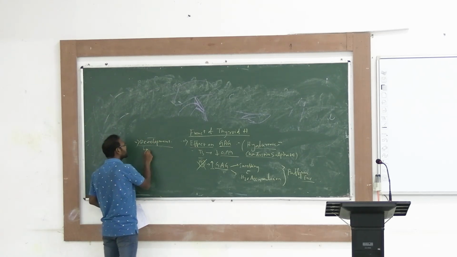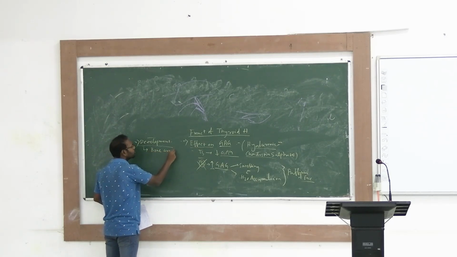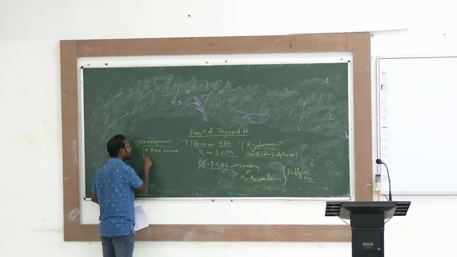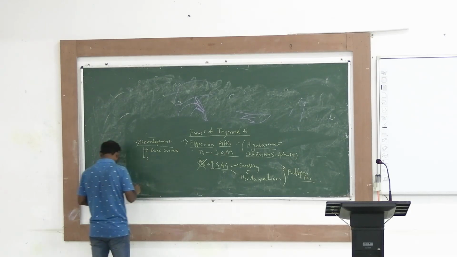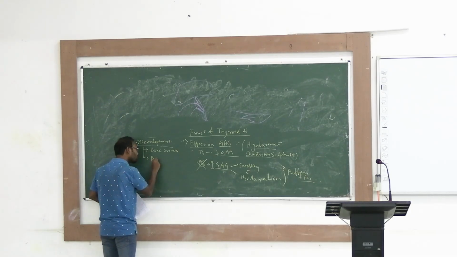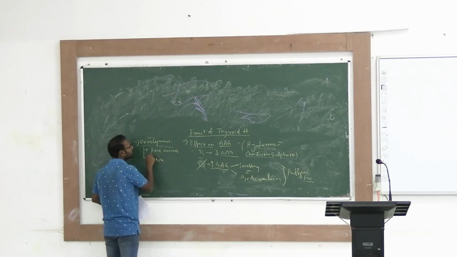Two kinds of growth are noticed: bone growth, and secondarily brain growth. So growth of neural functions as well as bodily functions such as bone growth.